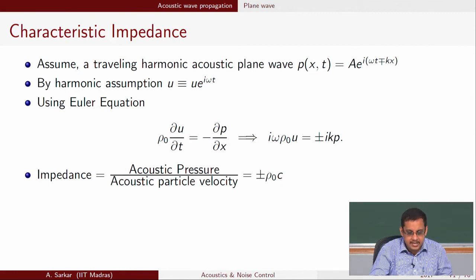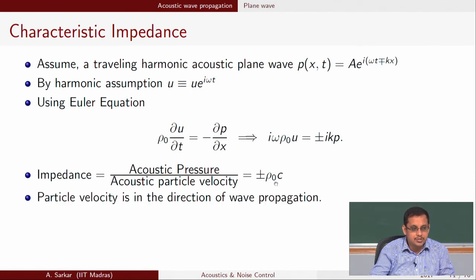But remember, the impedance calculation that we are doing on this slide is associated with the impedance of a travelling wave. So, to make sure that we are talking about the impedance of a travelling wave, we call this impedance a characteristic impedance. Okay. So, that is why this rho 0 c is actually the characteristic impedance.